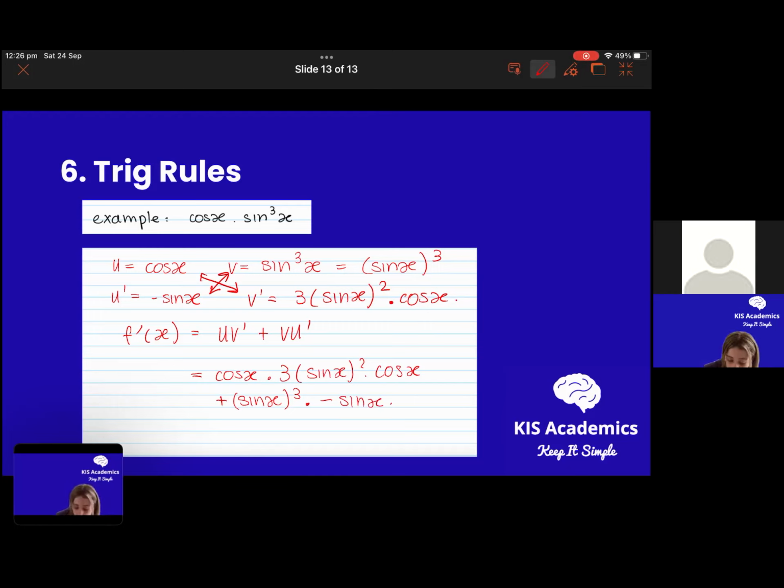So let's just simplify this really quickly first. So we're going to have 3 sine squared x times cos squared x, which you can see here, minus, because we've got this negative here, and then we've got sine x and sine x, so that's going to be sine to the power of 4 x. And again, you could simplify it just a little bit more by taking the sine squared out, because it's a common factor, and then we would have sine squared x times 3 cos squared x minus sine squared x, like that.